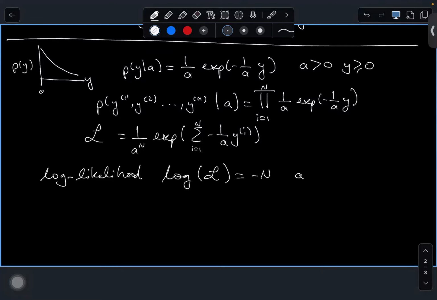So let me just change this into natural log. And then I have this 1 over A to the n multiplied by an exponential. So log of a times b is log of a plus log of b. So this becomes minus 1 over A sum of y sub i.